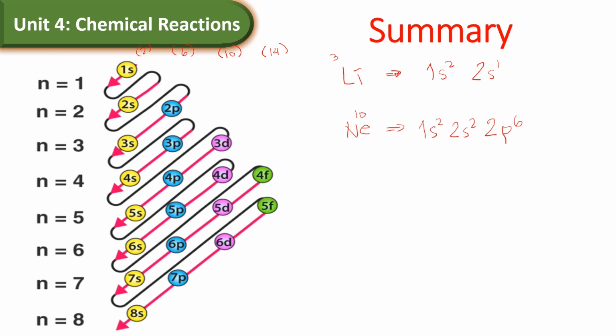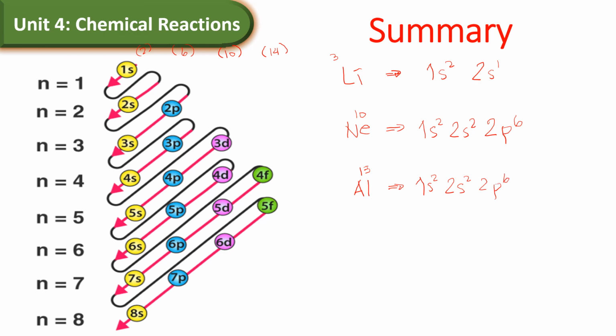Another example, we have aluminium. Aluminium has an atomic number of 13. How do we write the electron configuration? You have your 1s2, 2s2, 2p6. So 2 plus 2, 4 plus 6, 10.